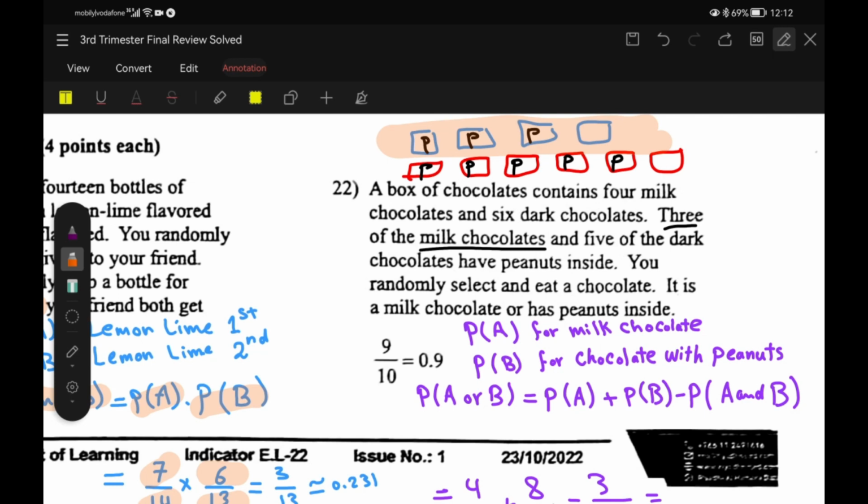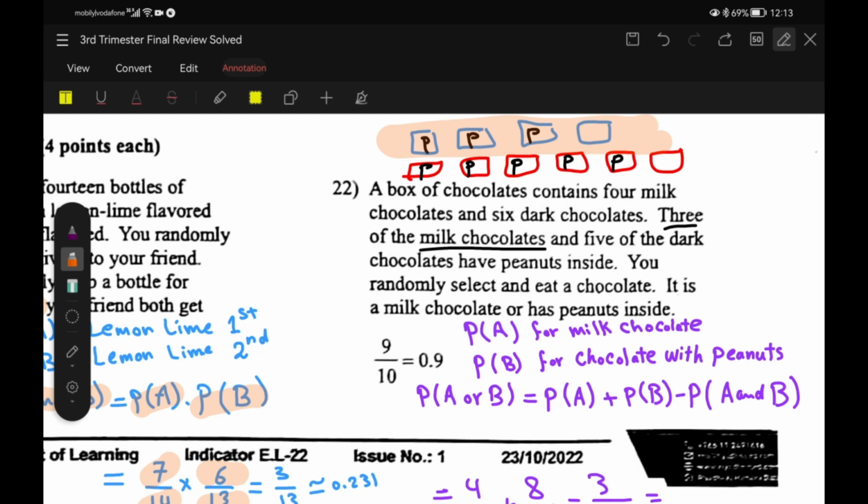Imagine that these 6 red squares are for dark chocolates. And then he said something common between the milk and the dark chocolates. He said that 3 milk chocolates contain peanuts and 5 dark chocolates contain peanuts.